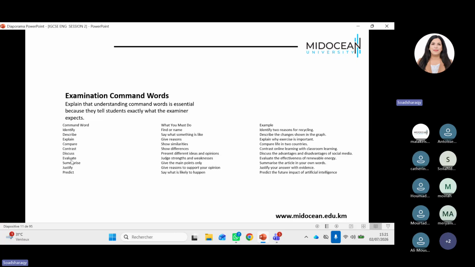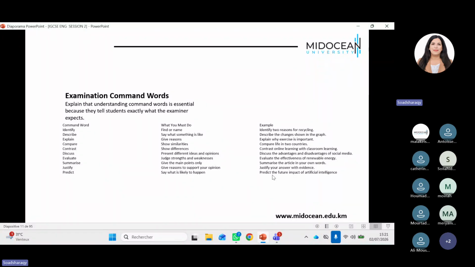To evaluate means to judge strengths and weaknesses. For example, evaluate the effectiveness of renewable energy. To summarize means to give the main points only. For example, summarize the article in your own words. To justify means to give reasons to support your opinions.